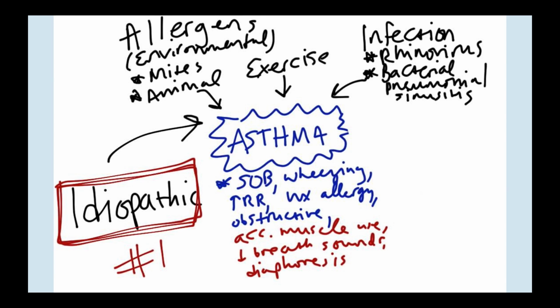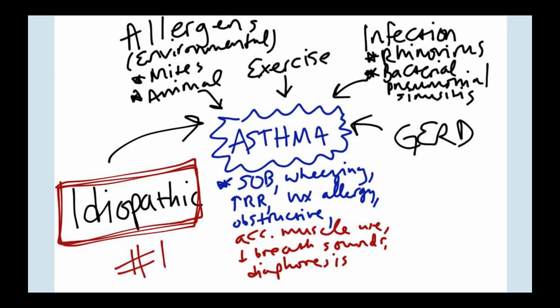You'll see it. Infections can worsen asthma just because of the inflammation, and that can make the smooth muscle a little bit more reactive. So things like rhinovirus or bacterial infections like pneumonia and sinusitis. Reflux disease, again, you have an irritant here, and anything that irritates can cause hyperreactivity.